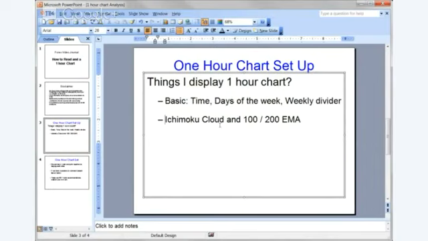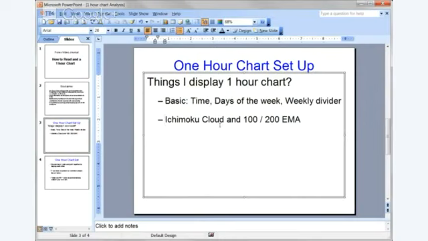they give me the trend direction. So when price is above the cloud, I would only be looking to take long trades, and when price is above the 200 EMA, above the 100 EMA, and they're in the right order, then again long. And then if it's going to be short, the opposite.